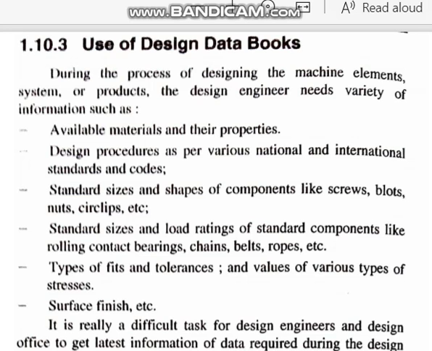What are the standard shapes of components, like screws, bolts, nuts, circlips, and similar things, the standard sizes and load ratings of standard components, and about bearings, chains, belts, ropes, and the different types of fits and tolerances, and the values of various types of stresses, surface finish, and all these things he needs to know.